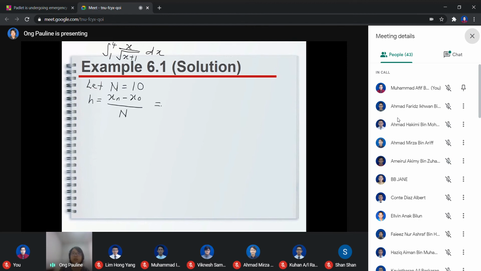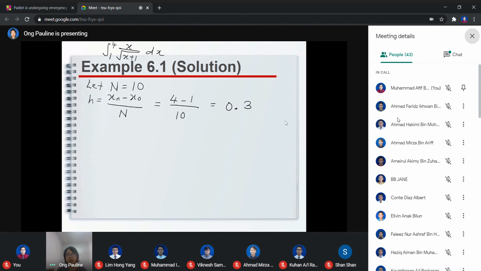So I shall have 4 minus 1 divided by 10. You should know that you get 0.3. All right. So make sure you choose a suitable value for your n such that you have finite decimal places here.